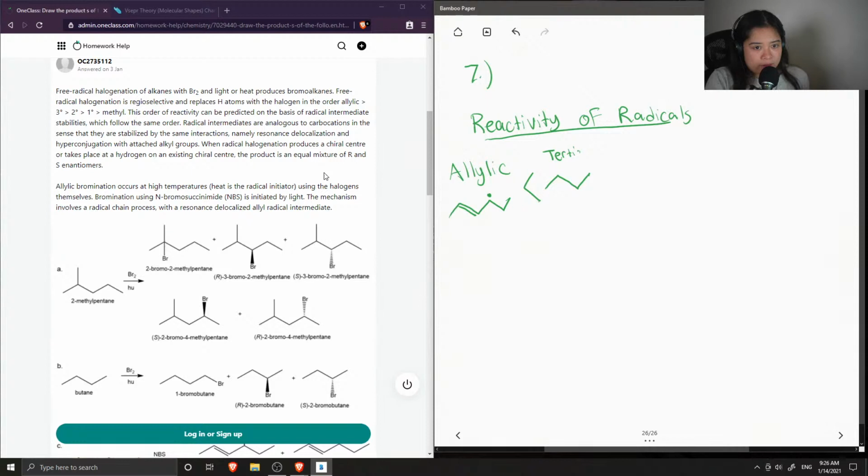I'll just do it in the same format, like a 3-degree radical. Like this as an example. So 3-degree radicals are more stable than your 2-degree, which can just be in the middle here. 1-degree will be at the end.